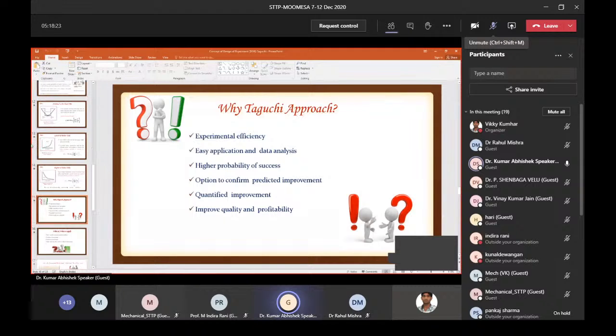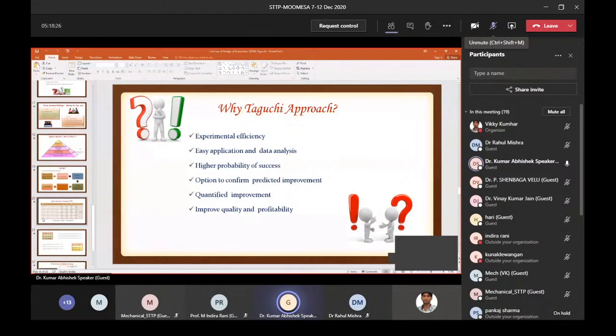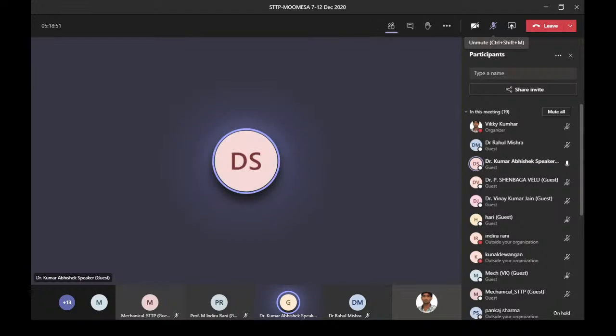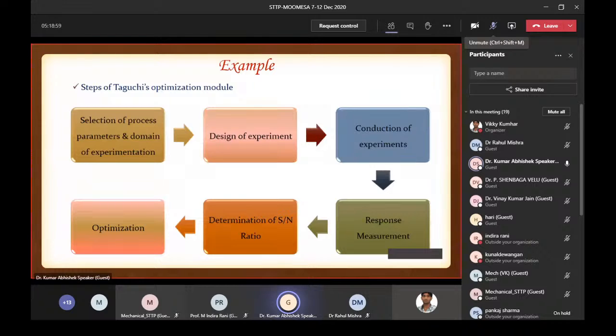The second important thing is how it is going to be carried out. You have three factors and three levels, and you have to conduct the experiment.